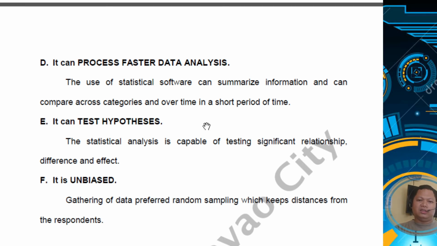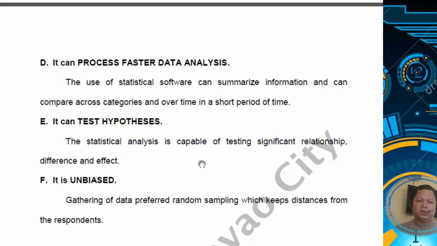Letter E, it can test hypotheses. Okay, so as you know, before we conduct a study, we have a hypothesis. So these are the questions that we need to answer. Just like what we discussed already in your probability and statistics, we have two types of hypothesis: the null hypothesis and the alternative hypothesis.